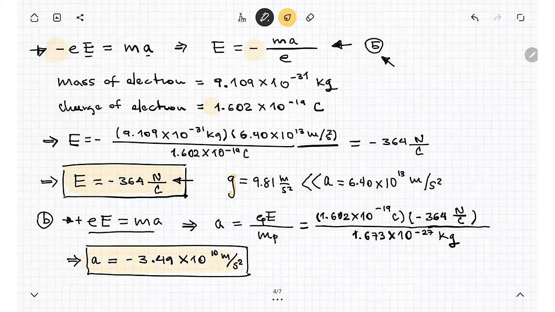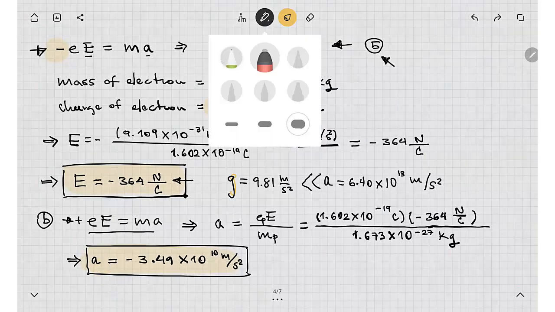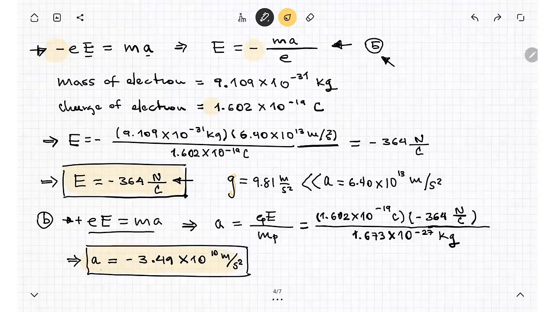Okay, I want to write something here and talk about it. This acceleration is much less than the acceleration of the electron. So let me write the acceleration of the electron. I was talking about the acceleration of the electron, and this is the acceleration of the proton.